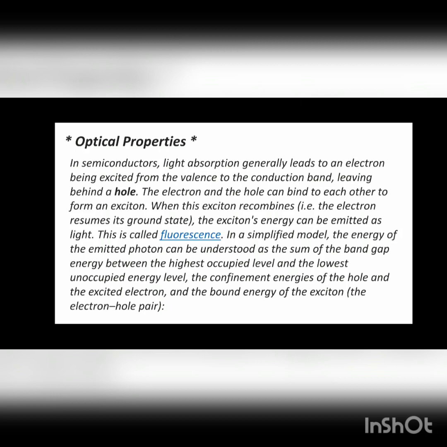This is called fluorescence. In a simplified model, the energy of the emitted photon can be understood as the sum of the band gap energy between the highest occupied level and the lowest unoccupied energy level, the confinement energies of the hole and the excited electron, and the bound energy of the exciton.